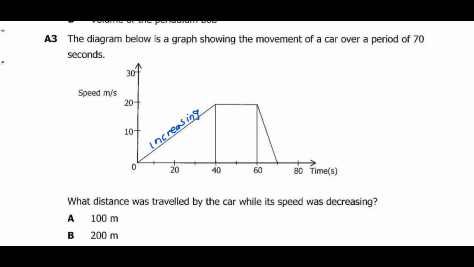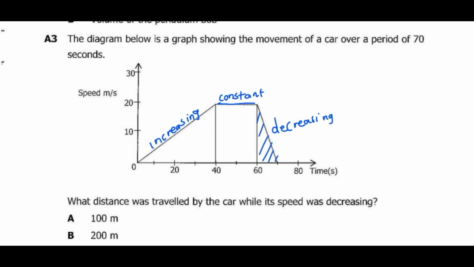Then at this point where the line is horizontal, this is a constant speed. So the speed when this vehicle was decreasing is here. So this is the distance that we are solving for. So we have decreasing velocity. So we want the distance for this shape that I've shaded.